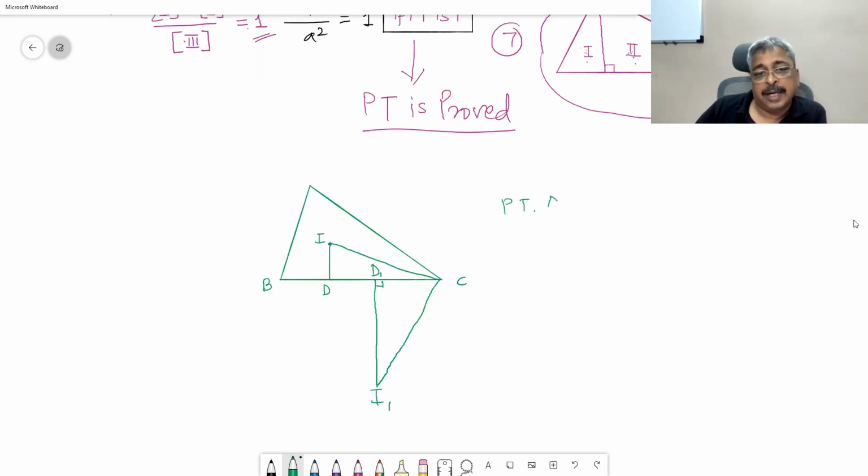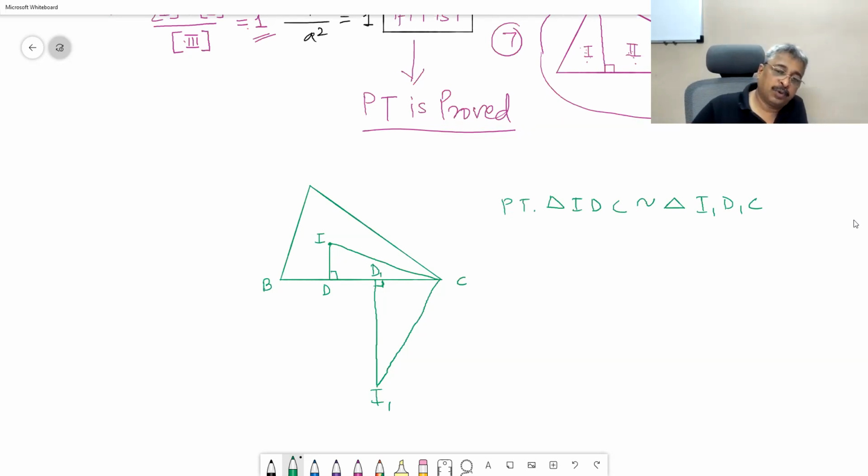Prove that triangle IDC is similar to triangle I1D1C. This is 90 degrees. This is 90 degrees. Suppose this angle is X. Now I am supposed to ask you to think, but this is elementary, therefore I am showing it to you.